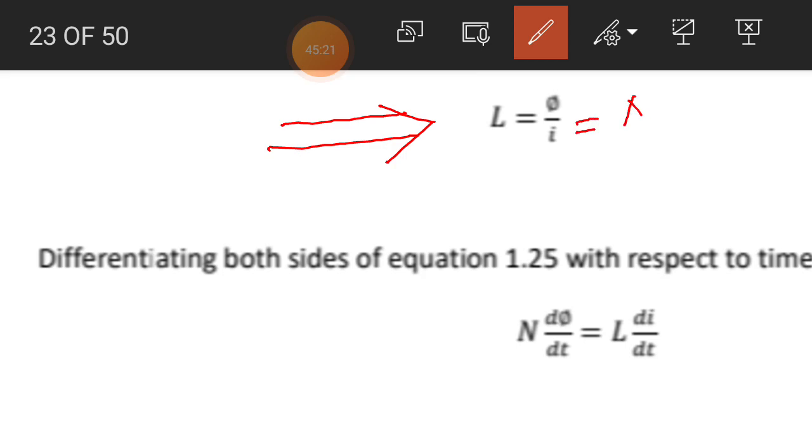Because N in this particular case is 1. So the inductance of a simple straight conductor can be calculated with the help of this particular equation. So even a simple straight conductor behaves like an inductor as well. Whenever a current flows in a simple straight conductor, a magnetic field is generated in the vicinity of the conductor. Magnetic flux is generated.